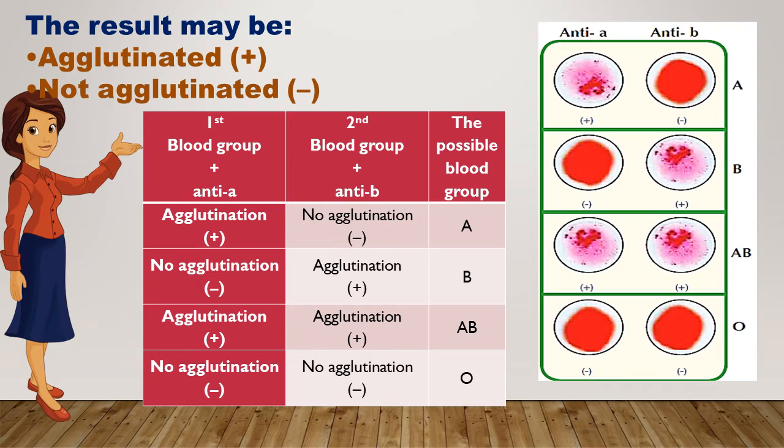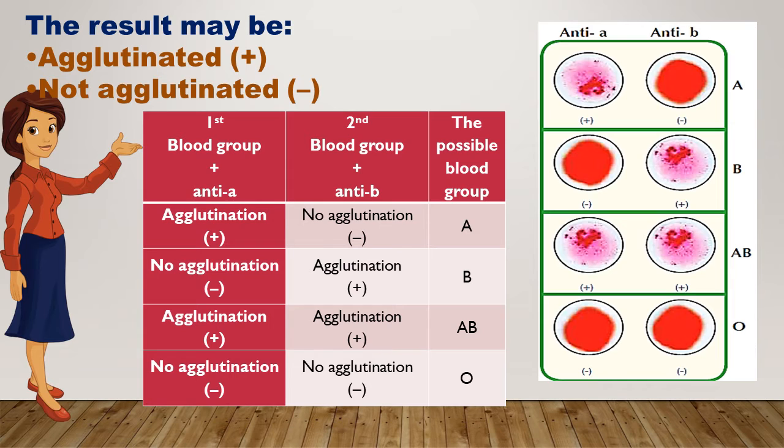So if the person has blood group A, he has antigen A in his blood. So antigen A with antibody A causes agglutination, or positive agglutination, while antigen A with antibody B doesn't cause agglutination.